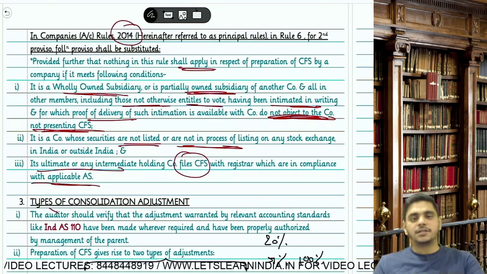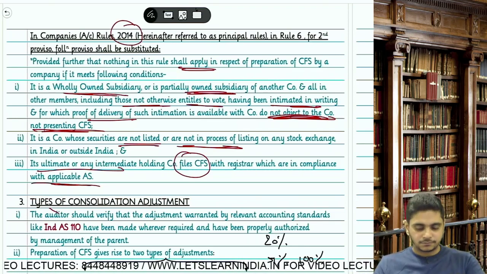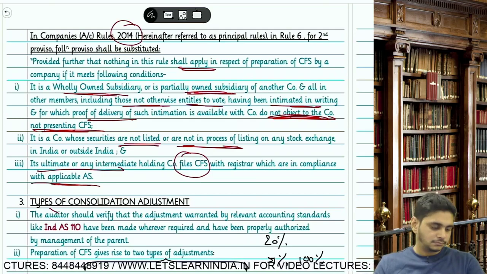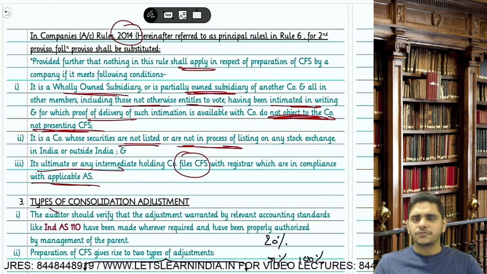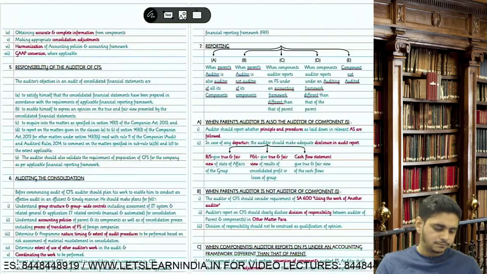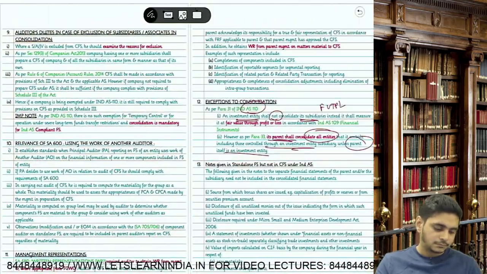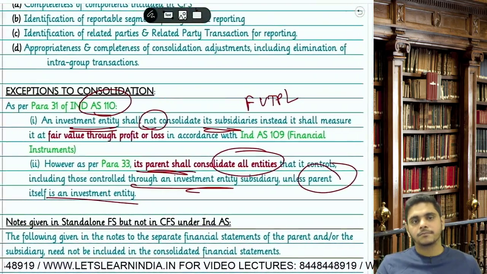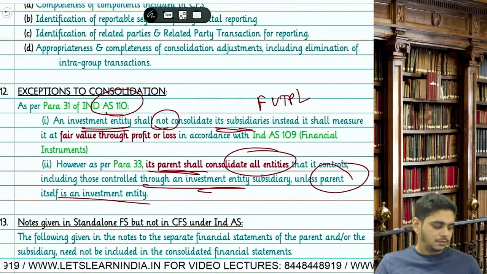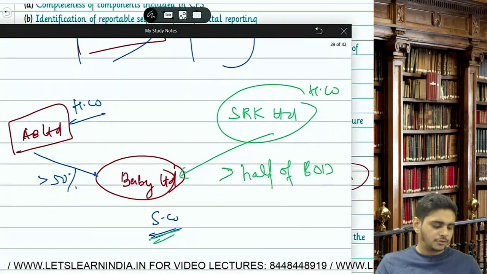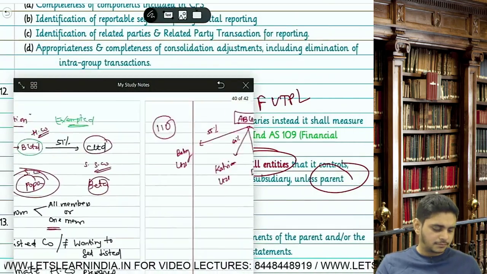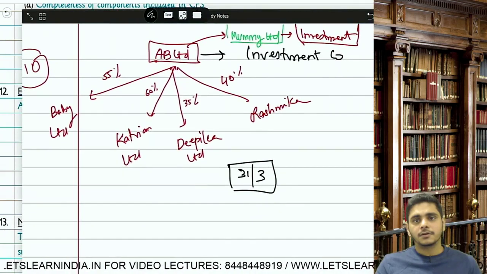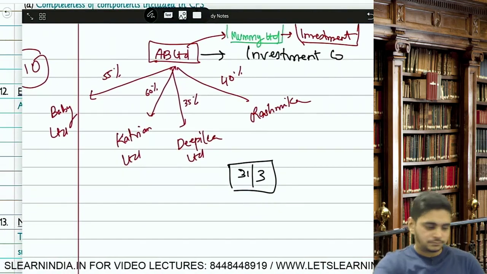First we're writing the Ind AS point. So do one thing, first draw the diagram, then we write. Draw this diagram.